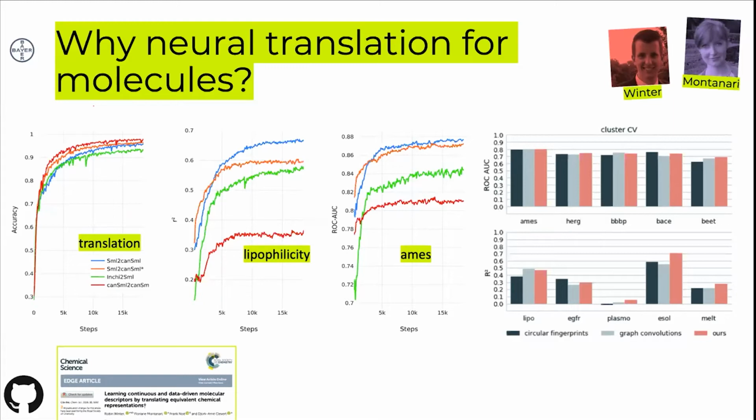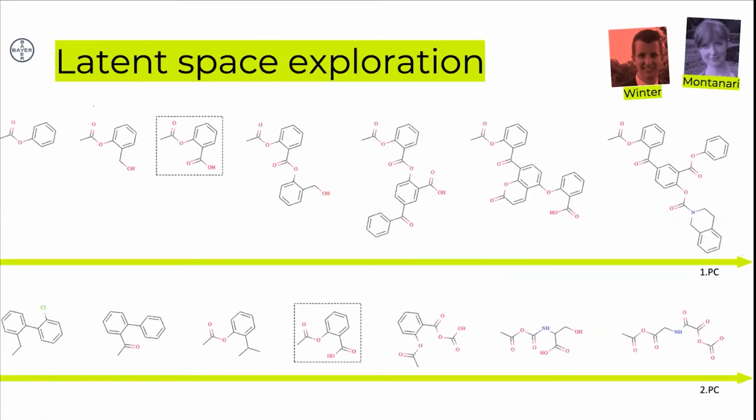This was published in Chemical Science, and all of it is also available on GitHub, as well as a fully trained model. The nice thing is that we constrained this descriptor so that it is forced to learn something about the chemistry, and that can be shown very nicely.